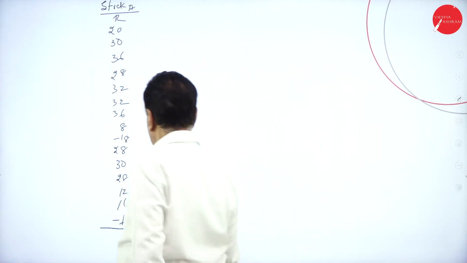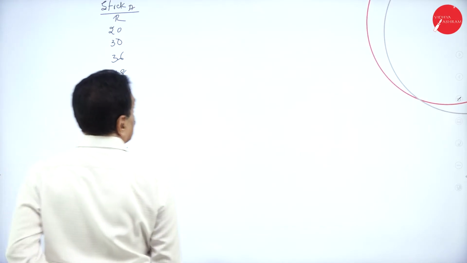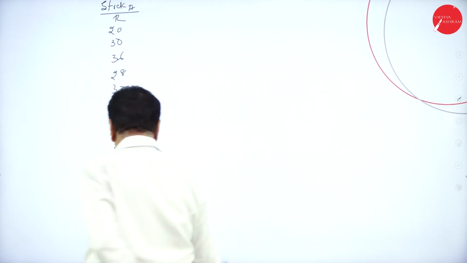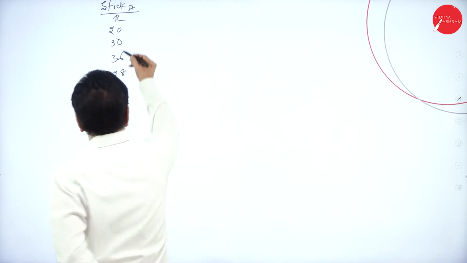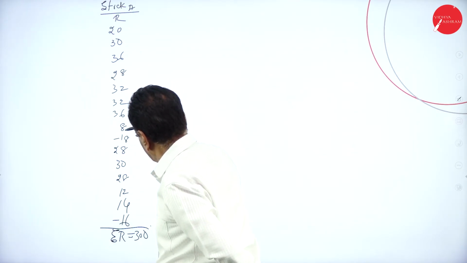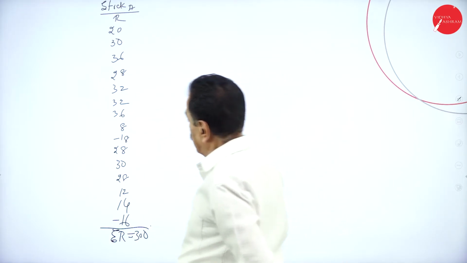Sigma R is 300. How many items are there? 1, 2, 3, up to 15 items.